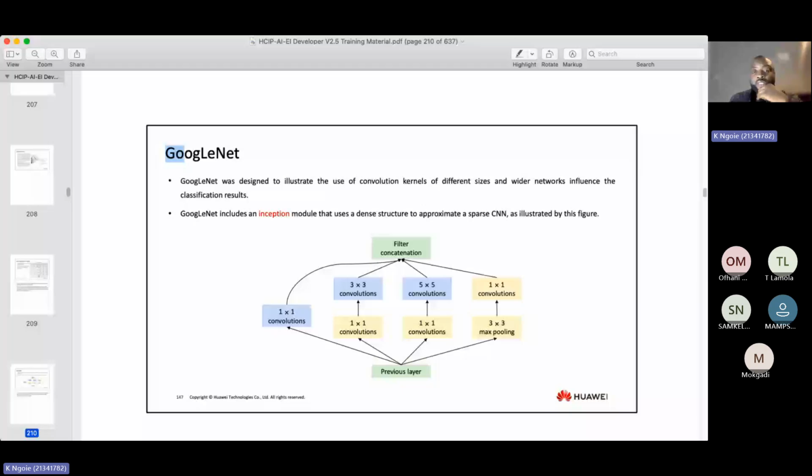GoogLeNet includes an inception module, which uses a dense structure to approximate the sparse CNN, as we can see in this figure here. It uses multiple convolutional kernels of different sizes and combines them in order to do the whole process.